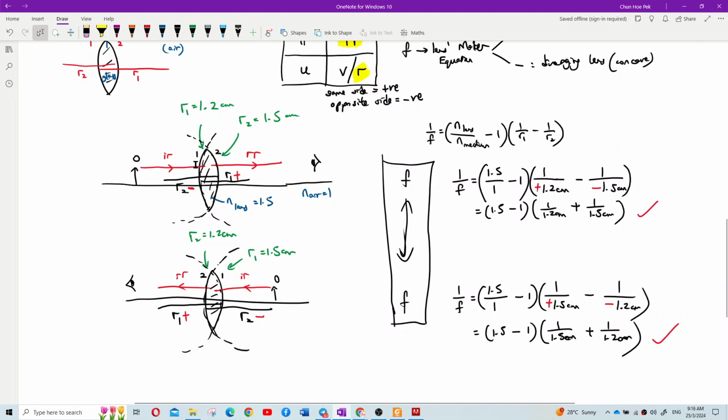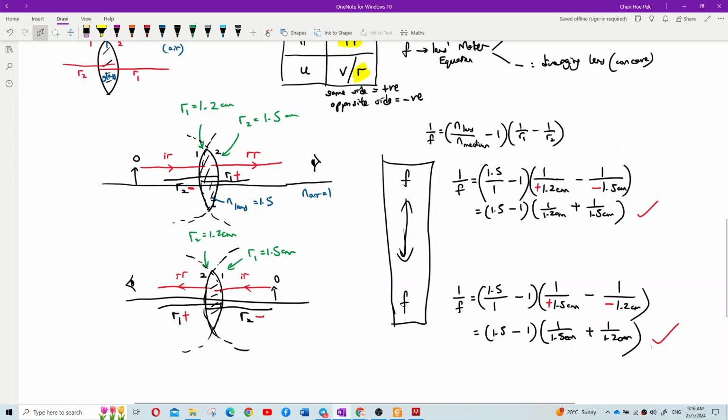Remember, surface 1 is always with the incident ray, surface 2 always with the refracted ray. To draw the incident and refracted rays, you must first draw an object, either at the left or at the right. It doesn't matter, because you still get the same focal length. The value is the same, 1.2 plus 1.5, or 1.5 plus 1.2.